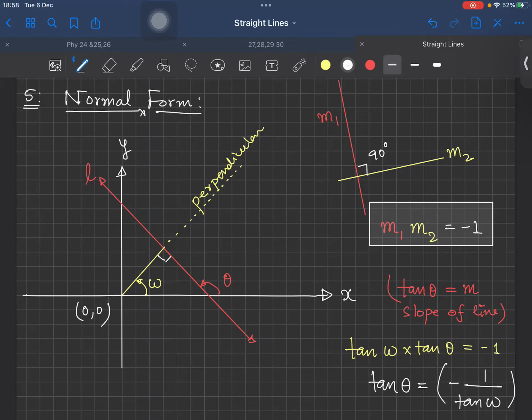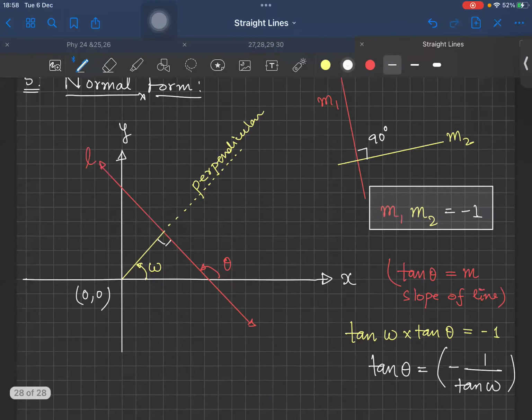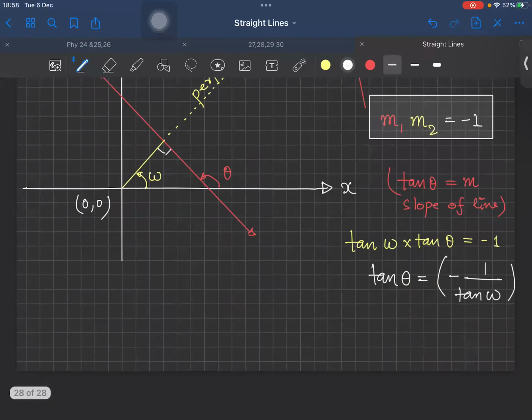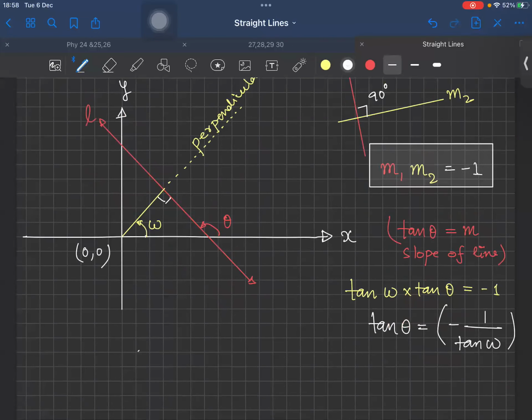So one is this method. By this method, we can find the slope, right? So from here, can we write m? This is the slope of this line, m. So m is equal to tan theta, which is also equal to minus cos omega upon sin omega. Tell me if it is correct or not.